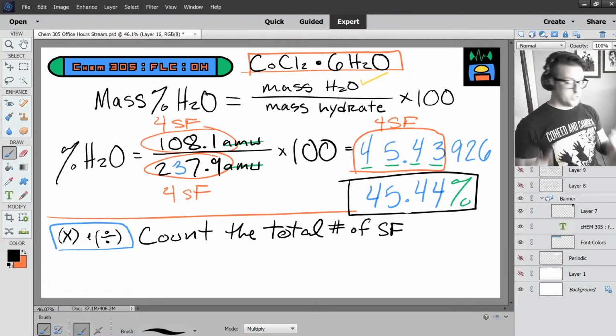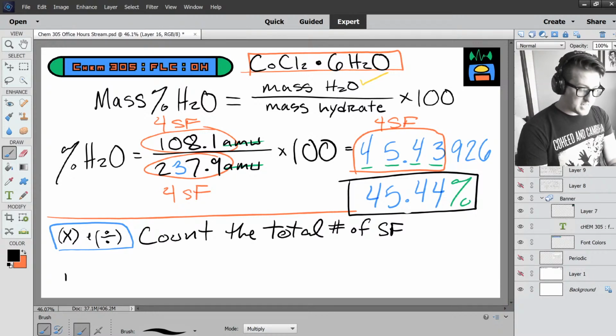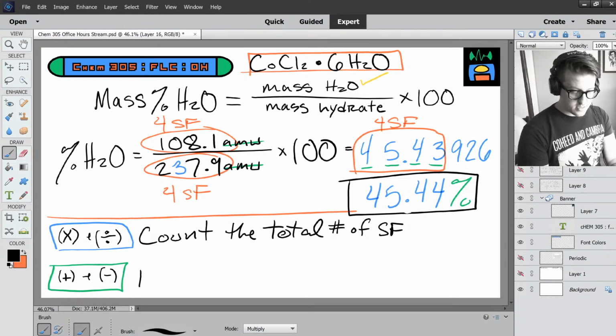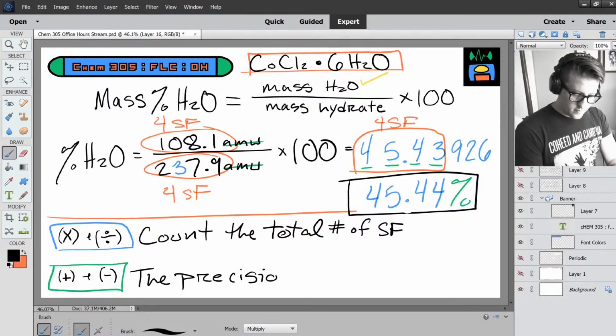You look at the total number, whichever one has fewer, that determines the amount of sig figs. It's when you add and subtract that you look at the precision, which is often the decimals.